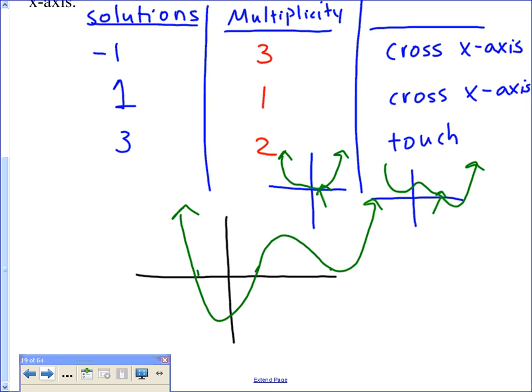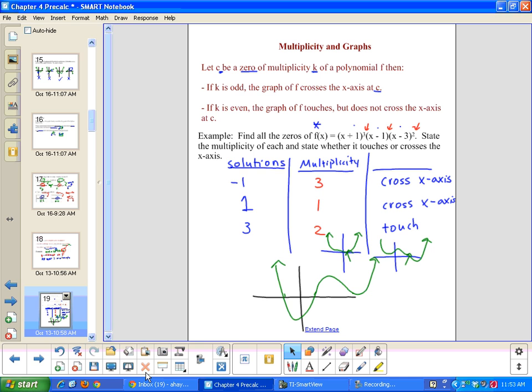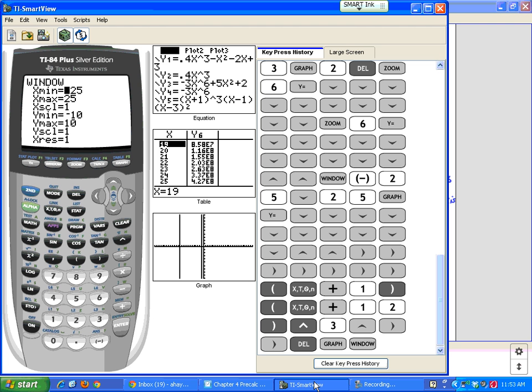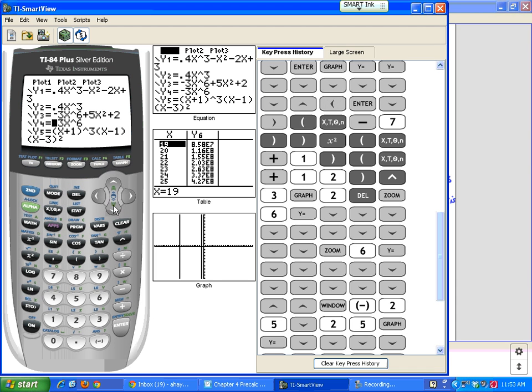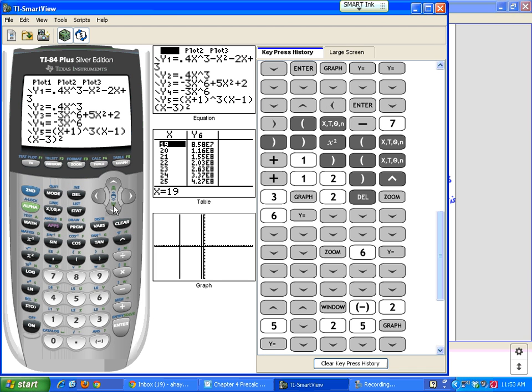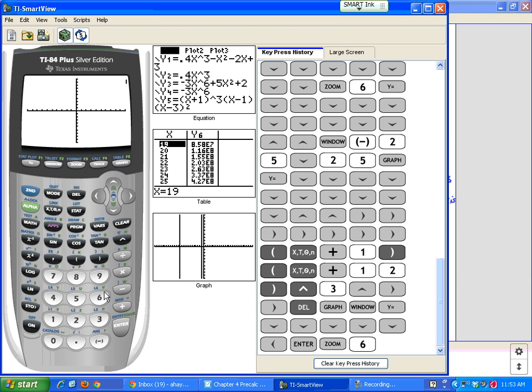this. Okay? And if you look at that, let's look for a second on our calculator and see what that one actually looks like. Okay, so here we go. A little bit like what I just said.